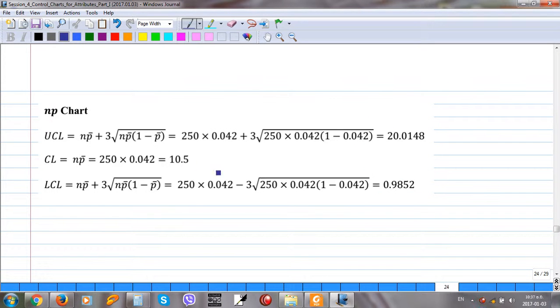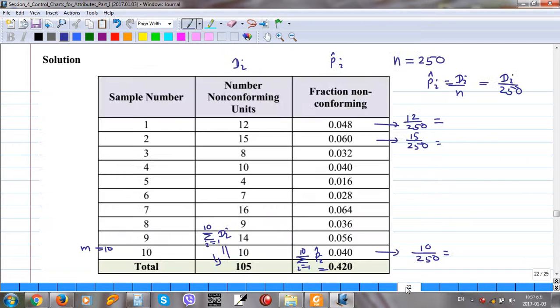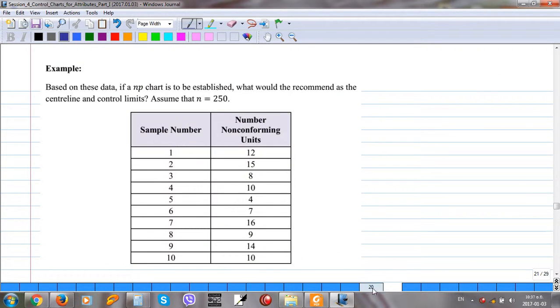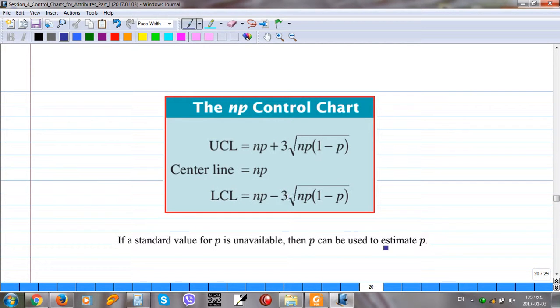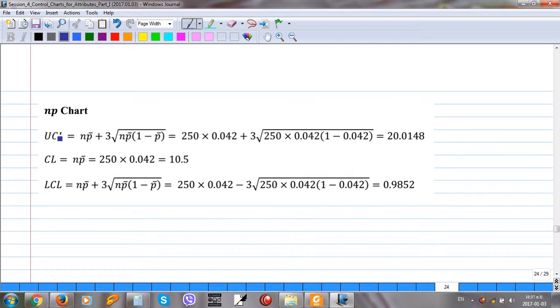After finding the p bar, you can write the NP chart according to this equation. You can use this equation to write the values. Then for the NP chart, the upper control limit is equal to n p bar plus 3 times the square root of n p bar times 1 minus p bar, where n equals 250 and p bar we found as 0.042.